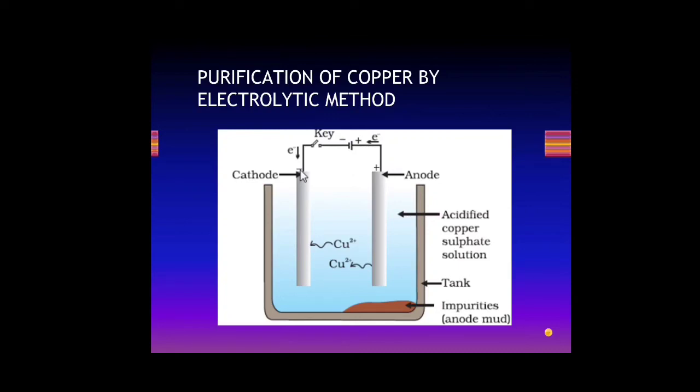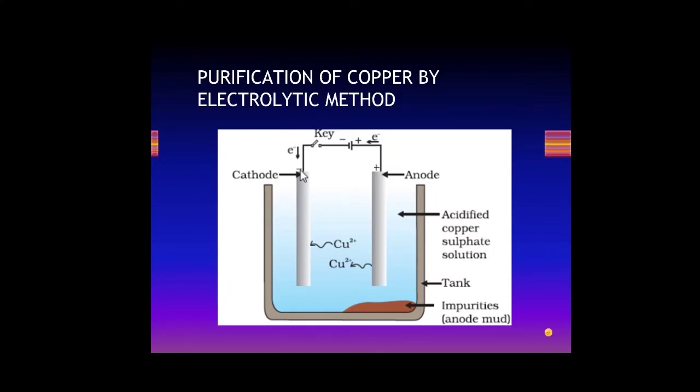Copper ions combine with sulfate ions into copper sulfate solution. As the electrolysis process is still on, copper from the electrolyte will go and get deposited on the cathode. Slowly, pure copper will be deposited on the cathode rod.